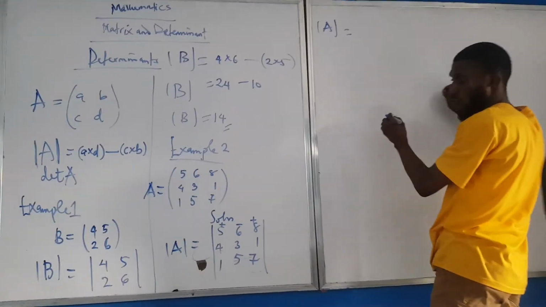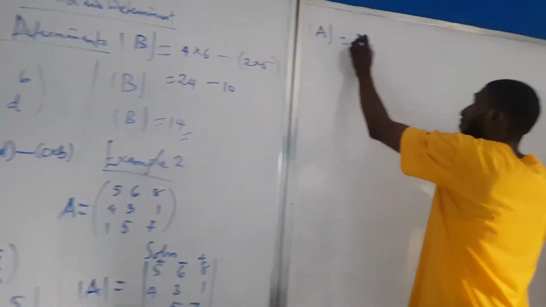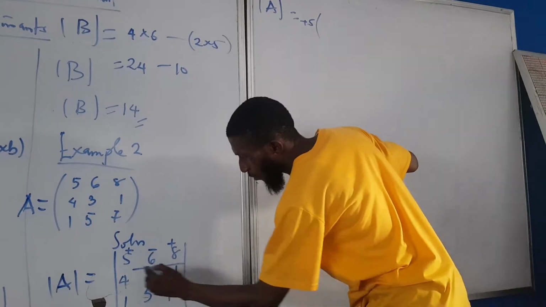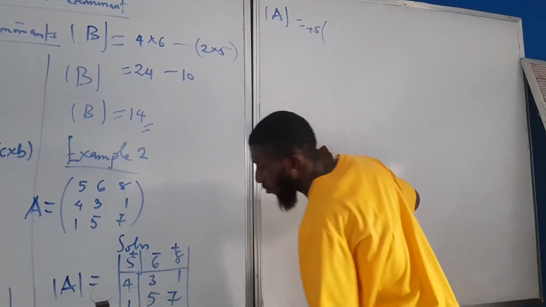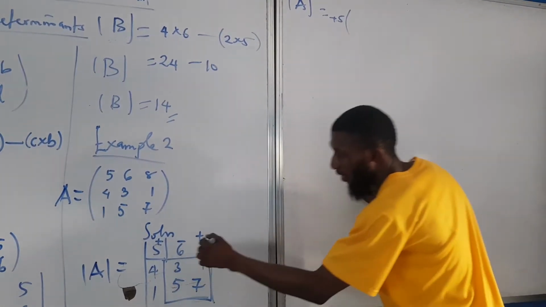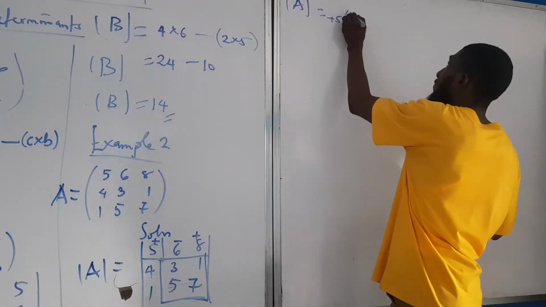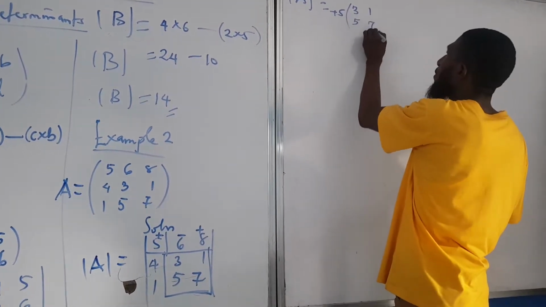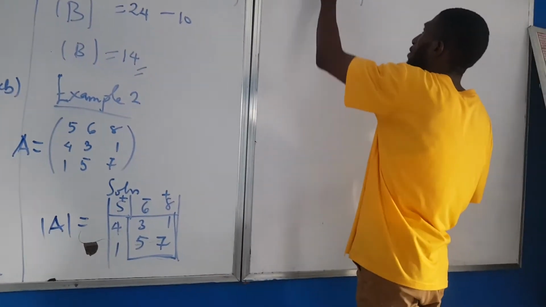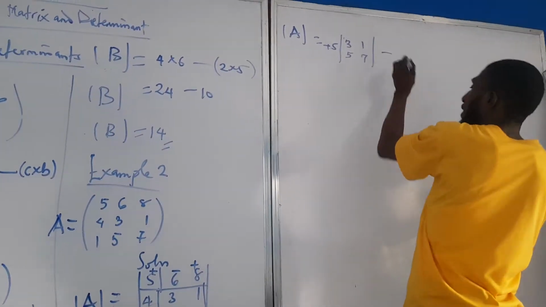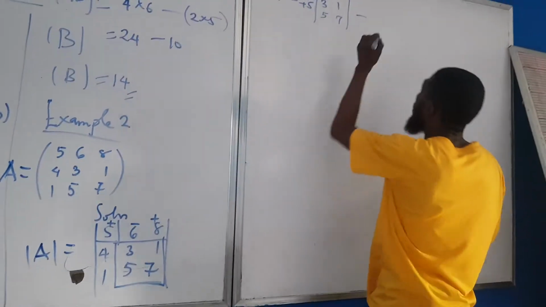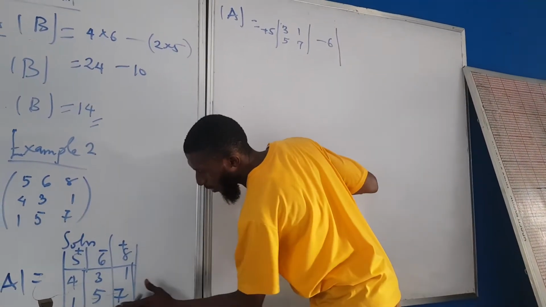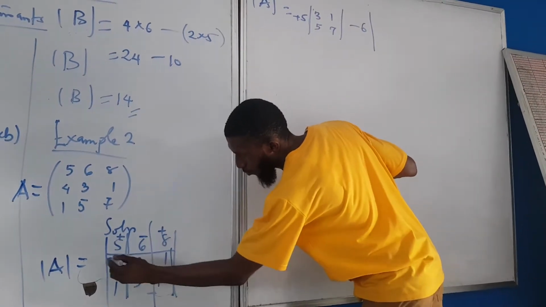Now the determinant of this will be, on 5, we have plus 5, then we pick the remaining ones that are not crossing it from this, which is 3, 1, 5, 7. We find the determinant of this. Then minus, because of this minus on it, we have minus 6. Then we pick all the members that are not passing through this row.